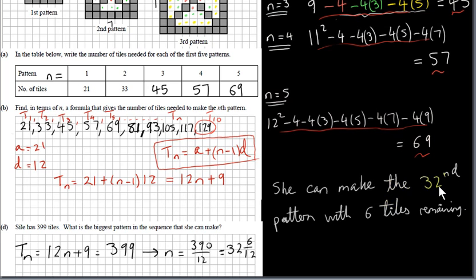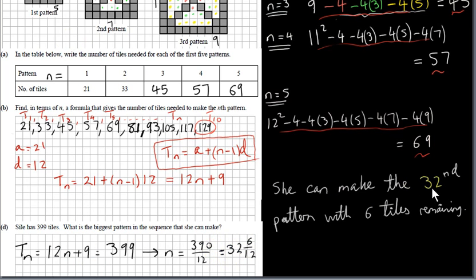Well, it means she can make the 32nd pattern with 6 tiles remaining. 12 times 32 plus 9 will actually give us 393, but we have 399 tiles, so there's actually 6 left over.